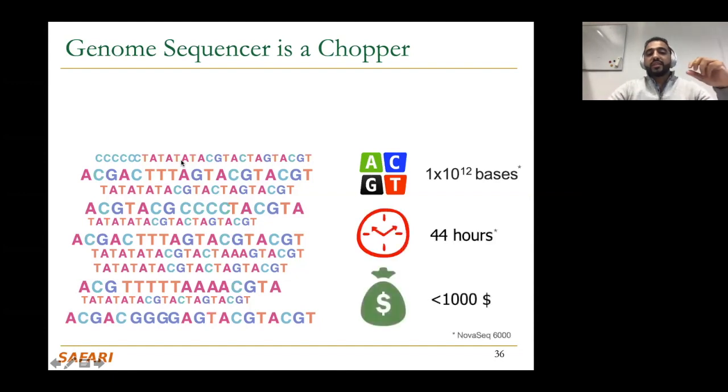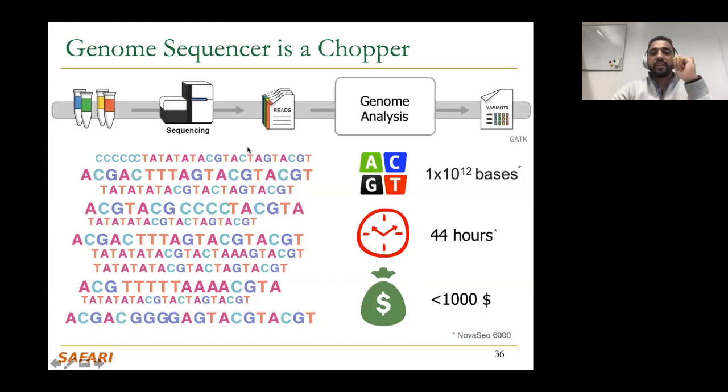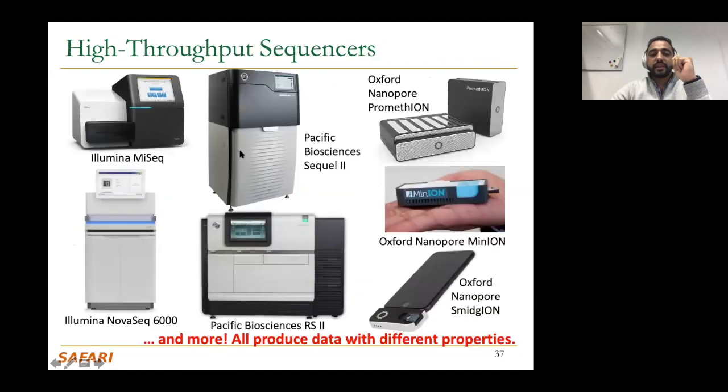And how much of these sequences can we get in how many hours, and what's the cost of these pieces? We can get 10 to the power 12 bases of these characters in 44 hours, and that will cost you about $1,000. This is what we call genome analysis. We have very different machines.